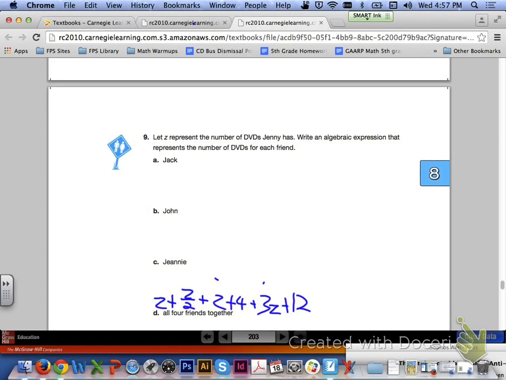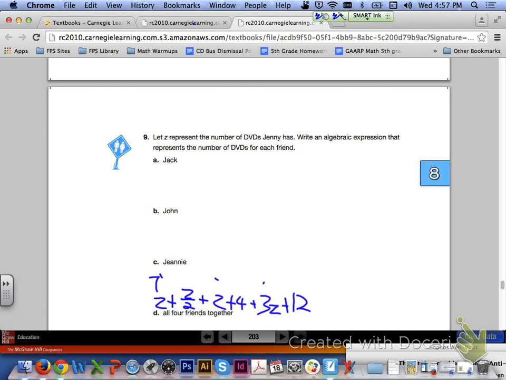Now, like the last example, we can again simplify this. Now, we want these fractions to have a common denominator for the variables. So z over 2 is the only one with a number in the denominator.